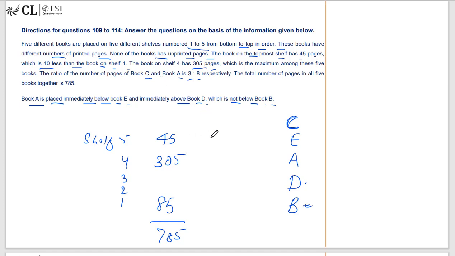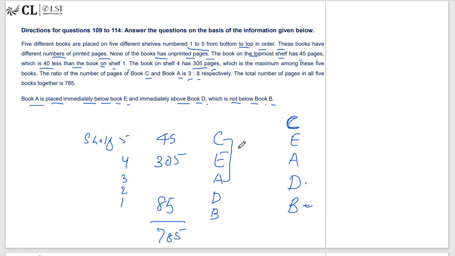Okay. So we would get, when we match it with the C, E, A, just a minute, we just make it a little smaller. On shelf 3, we would have A. On shelf 2, we would have D. And shelf 1, we would have B. Now, additionally, we had the ratio of number of pages of book C to book A is 3 is to 8 respectively.